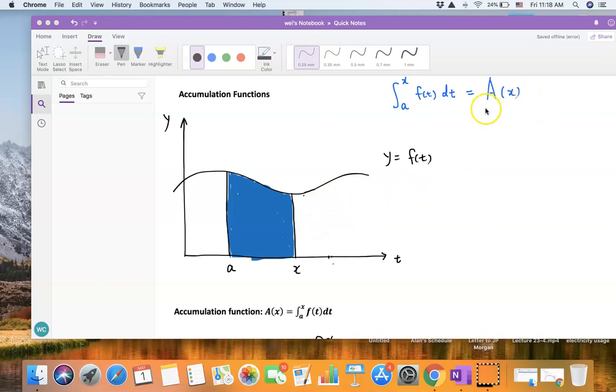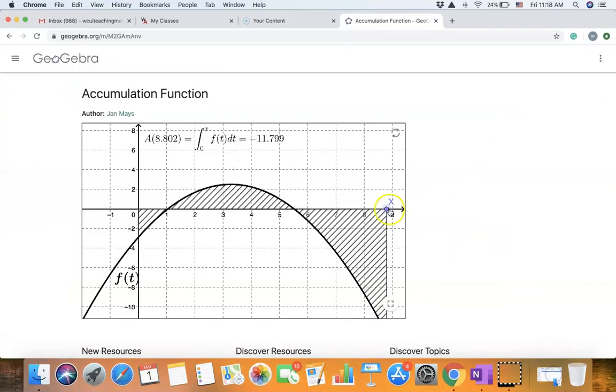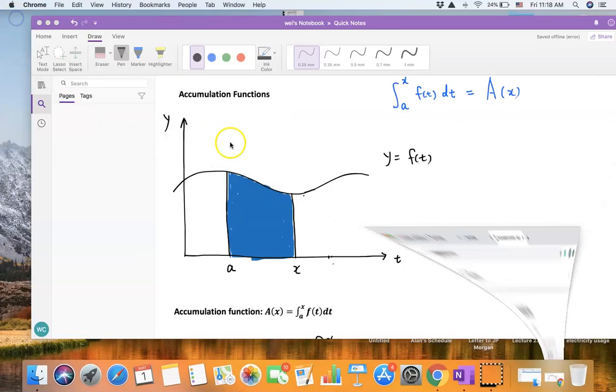So the function is an increasing function. But if the graph of f of t is below the horizontal axis, then the function will be a decreasing function because we will have more negative areas added up.